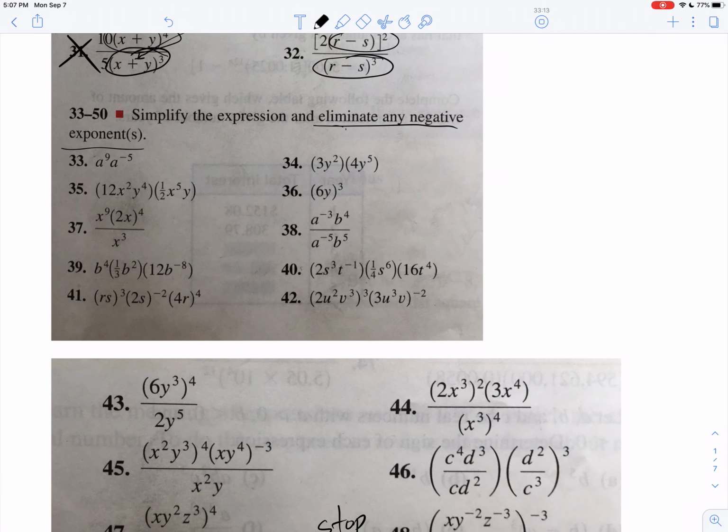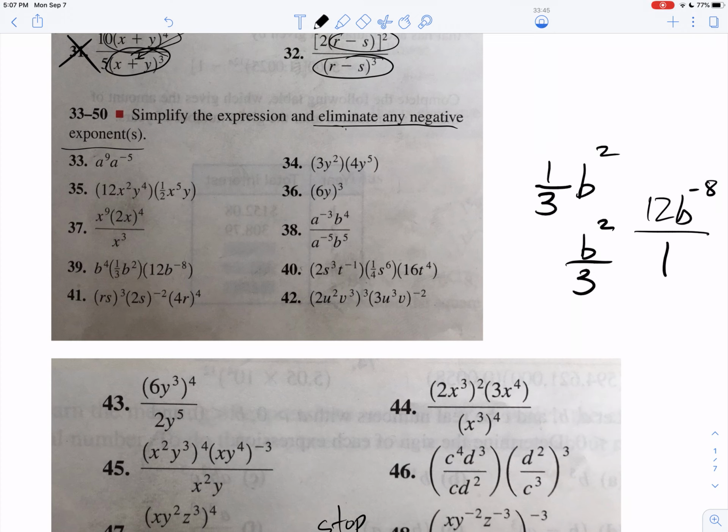But word to the wise, the ones that I think might trip you up a little bit are 39 and 41. Let me explain. In 39, they have this sneaky thing here. Well, remember, if they don't put that b to the second on the bottom, you could rewrite that like this. Also, where it says 12b to the negative 8, you can put a 1 there.